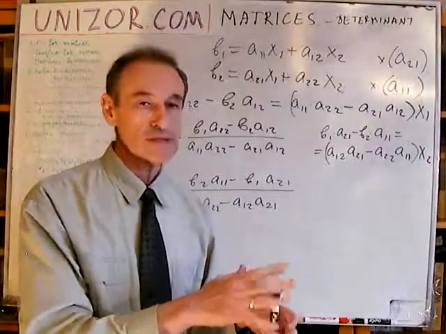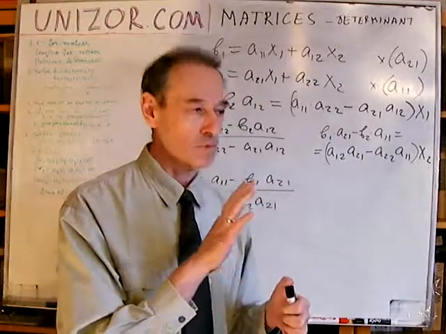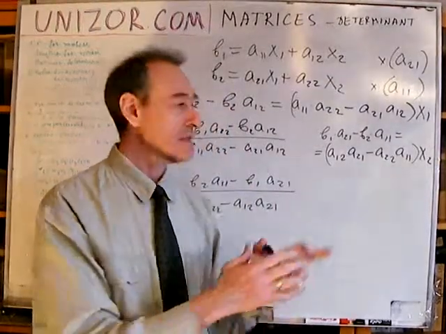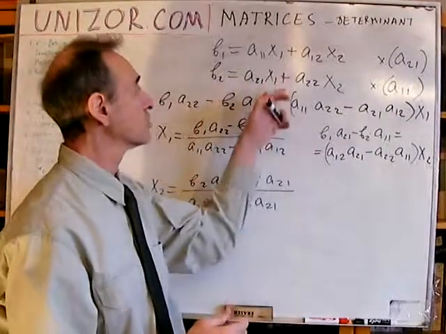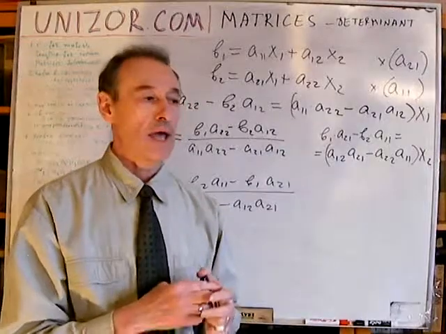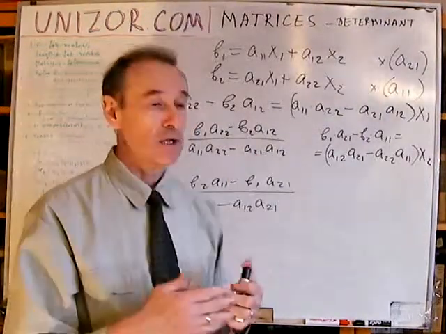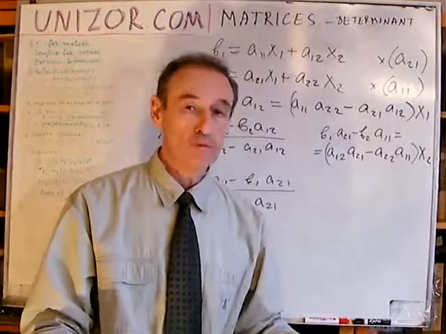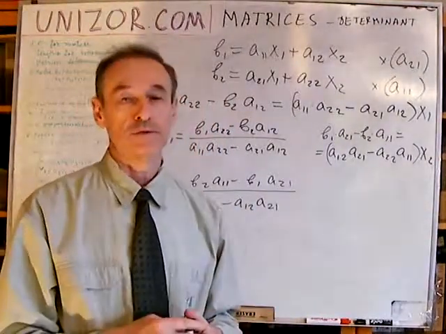We will investigate it in some other way. But what's important is that this characteristic of the equation, this function of the coefficients, is extremely important, and it actually determines whether the system is solvable in a normal way or it's not.